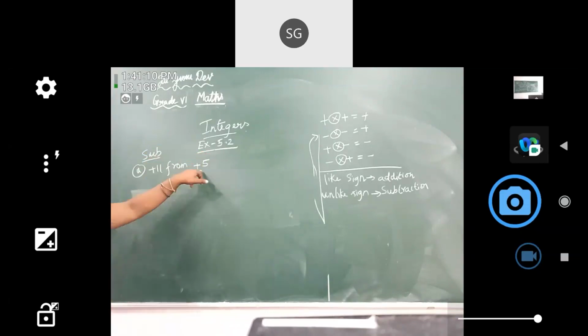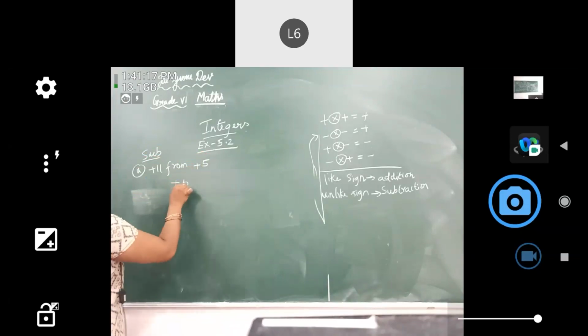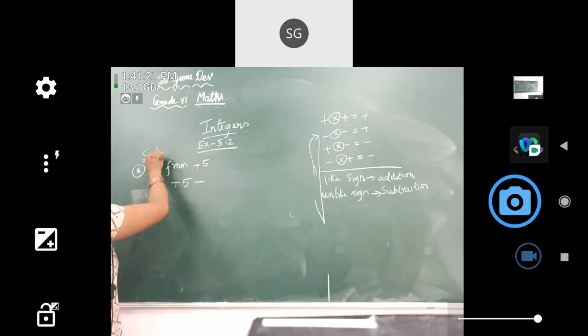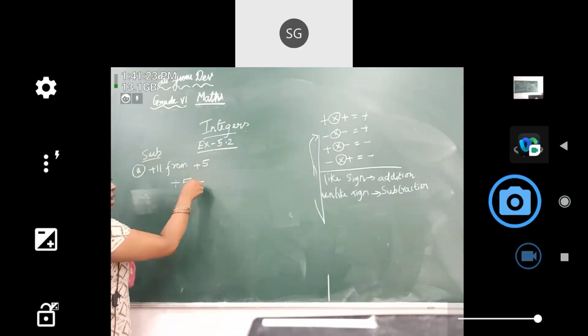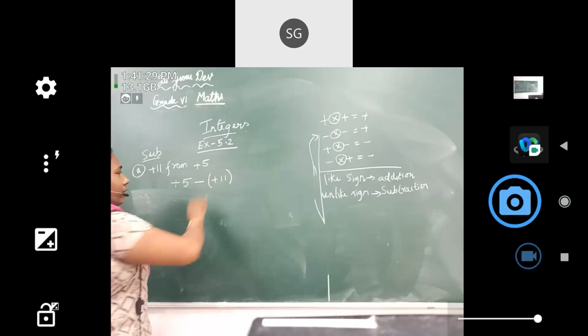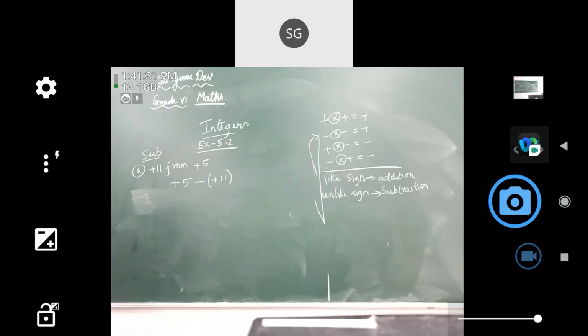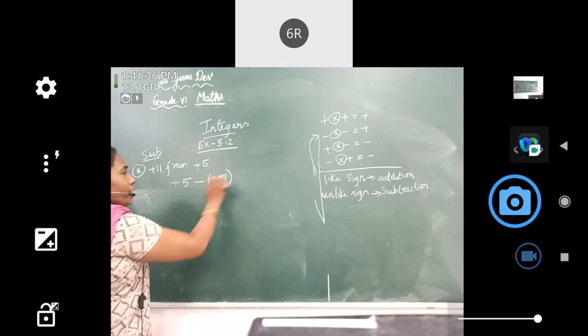In subtraction, always the from number will come first. Let me write the from number, that is plus 5, minus, this is subtraction. So I am putting minus between the two numbers. So plus 5 minus plus 11. Is it clear? When two signs are there, you should always put it in a bracket.